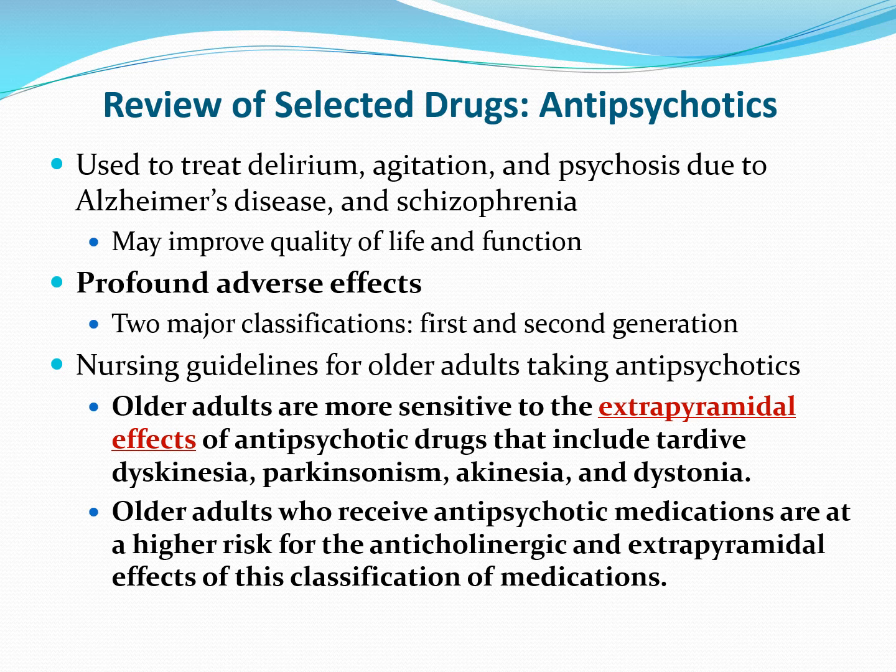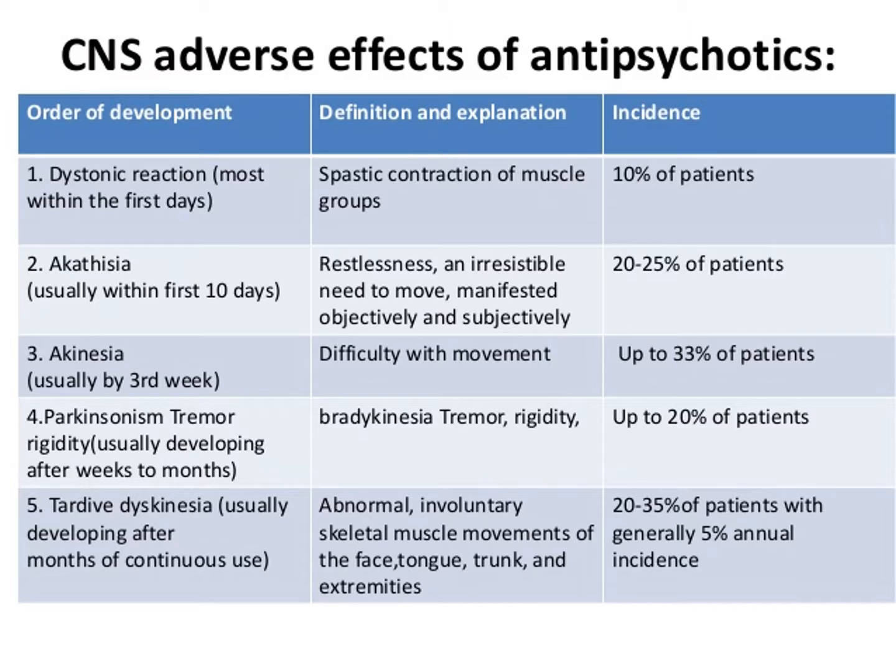Also, older adults who receive these antipsychotic medications are at high risk for, again, anticholinergic and extrapyramidal effects of this classification of medication. So here are the adverse effects of these antipsychotics, or the CNS adverse effects for antipsychotics, and the incidence for each one of them.